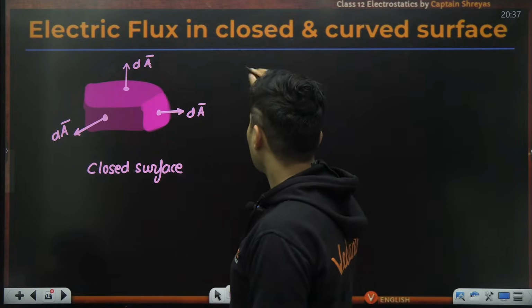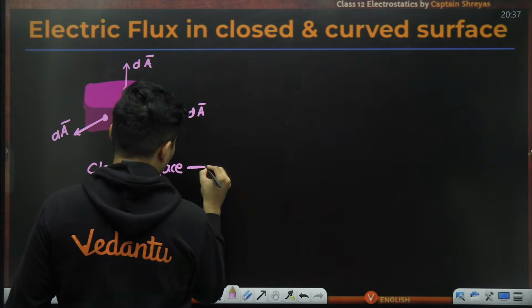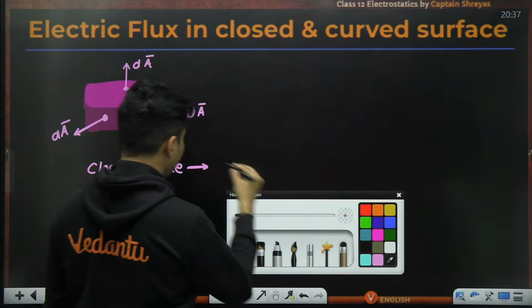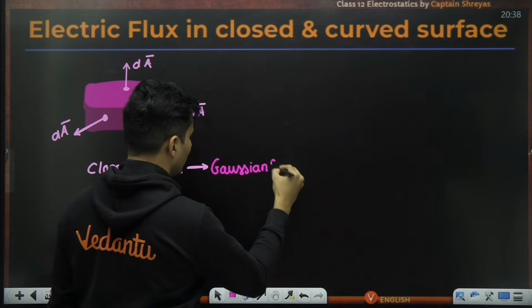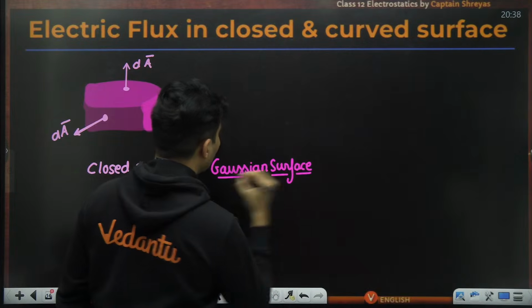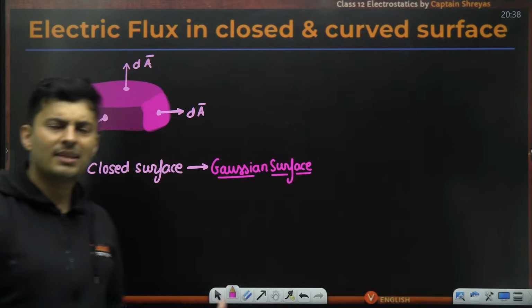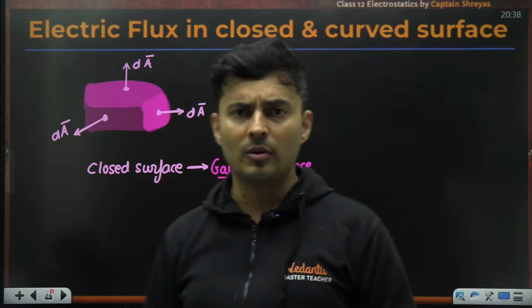That's standard. So for a closed surface, which also has a special name, it is called a Gaussian surface. Any closed surface is also called a Gaussian surface, that is synonymous with it. So whenever you hear the word Gaussian surface, understand that it is just another way of saying the surface is closed.